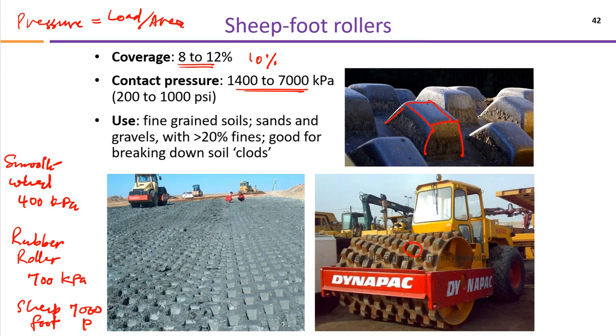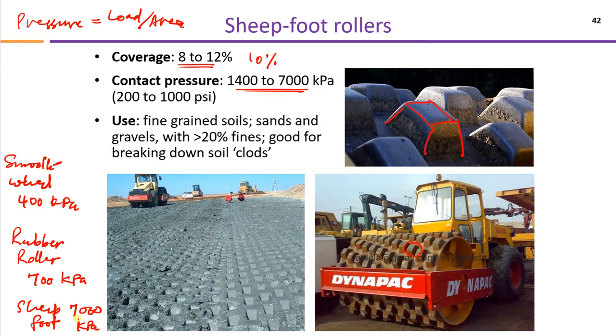So you see the pressure is very high. It exerts a lot of pressure as compared to the smooth wheel roller. If we compare it with smooth wheel roller, it is almost 15 to 20 times more pressure. And when we compare it with rubber roller, it's almost 10 times.